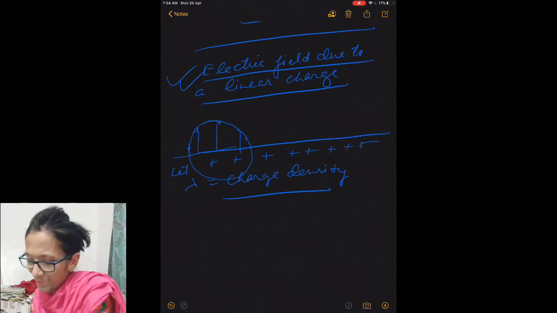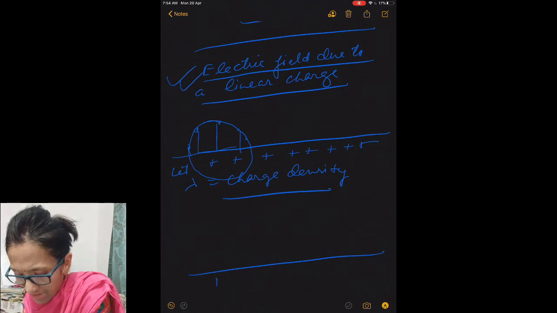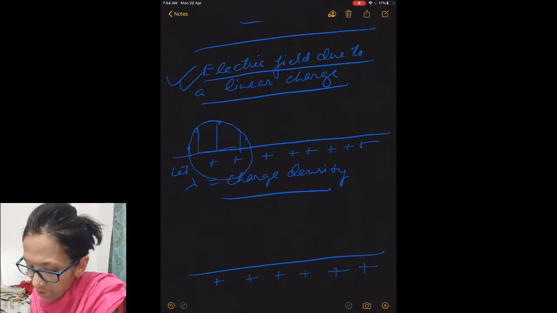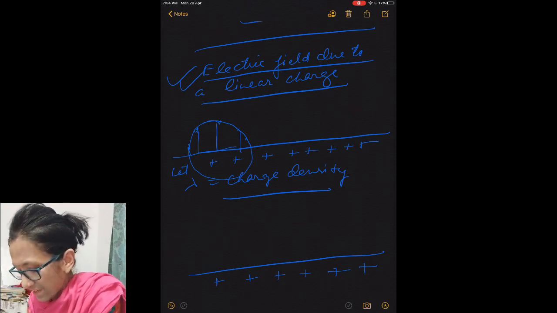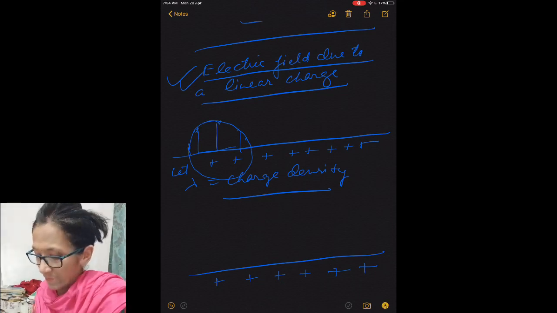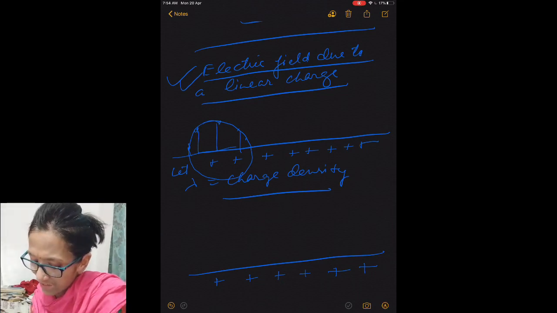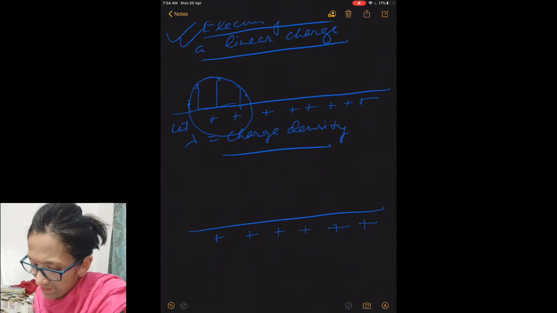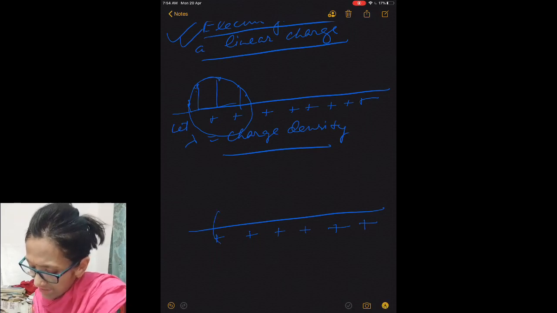For point charge, a sphere is the symmetrical surface, but for linear charge, a sphere is not symmetrical surface, and you cannot take a Gaussian surface a spherical one, because at the surface the distance from this charge distribution is different at each and every point, so it is not symmetrical surface.